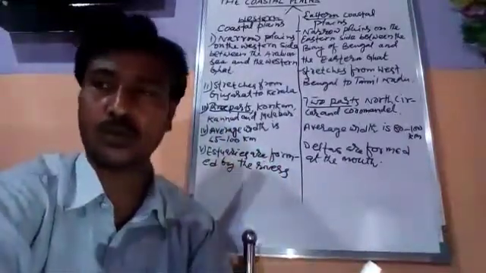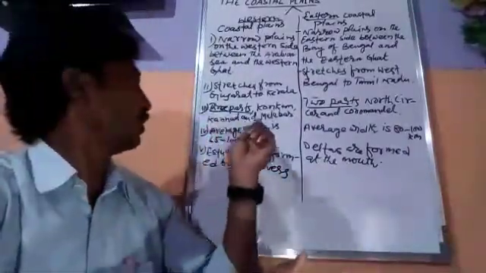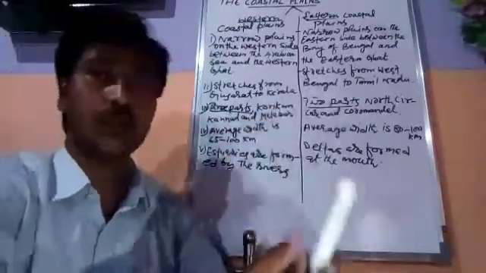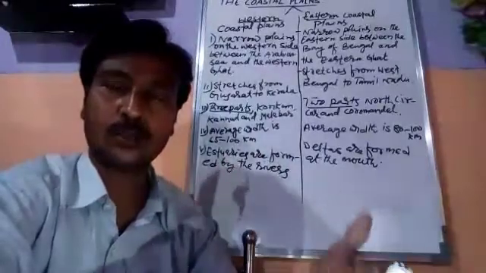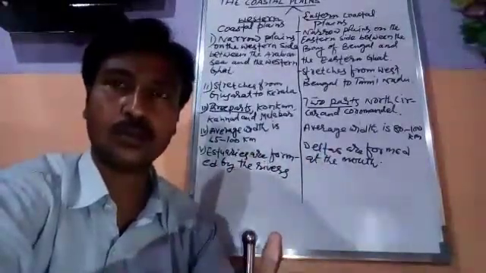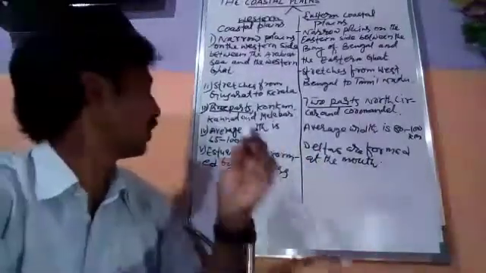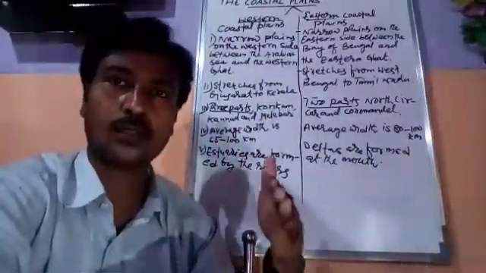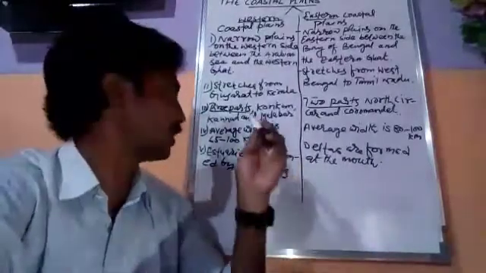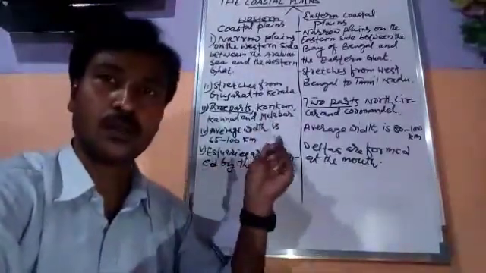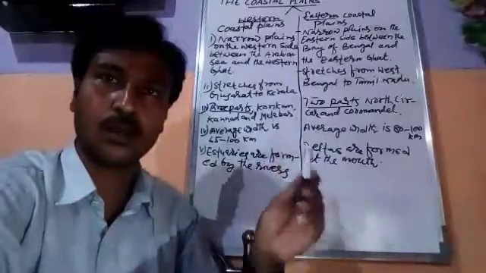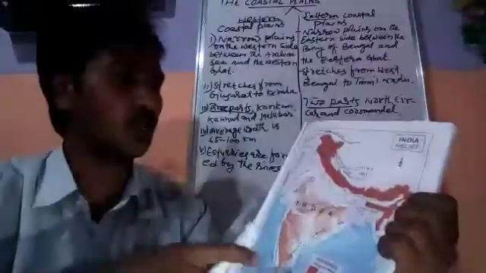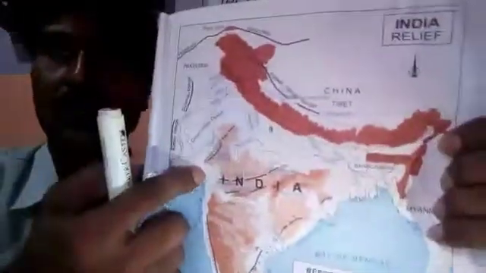Then the Kannad coast stretches from Goa to Kerala, and Malabar coast at the southern part, which stretches from Kerala to Kanyakumari in Tamil Nadu. So these are the three parts of the western coastal plains.